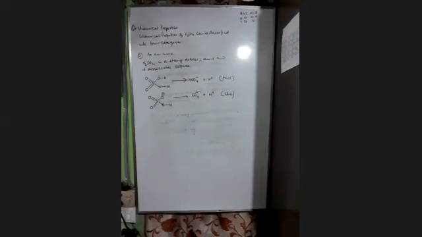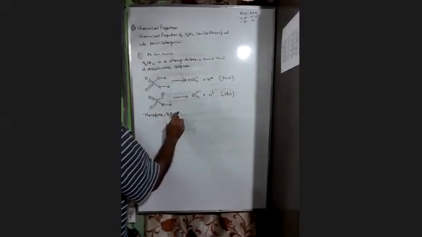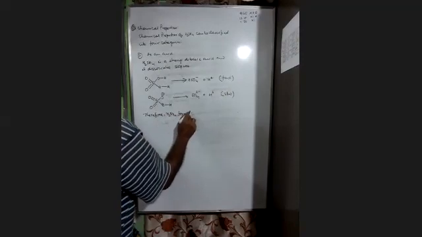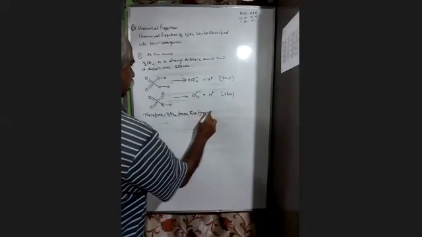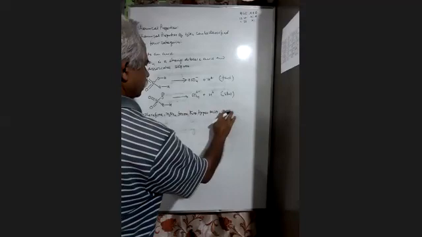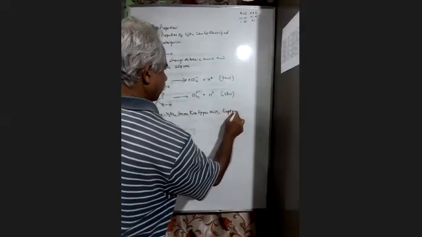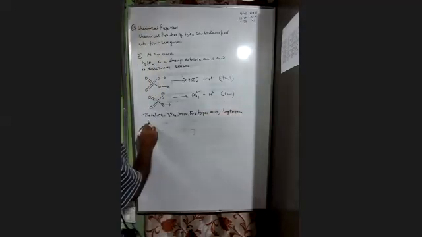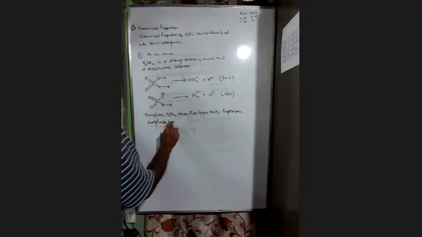So we'll write here now. Therefore, H2SO4 forms two types of salt. First, we'll write hydrogen sulfate salt.